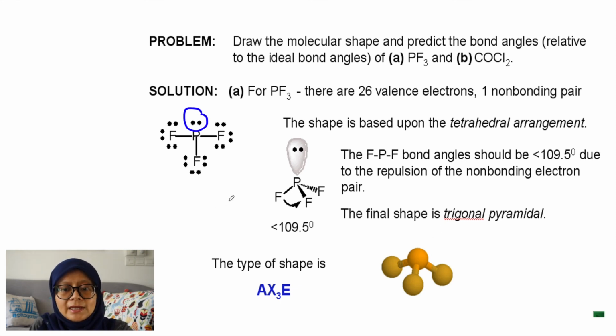It is based upon the tetrahedral arrangement, but with one lone pair. The final shape is trigonal pyramidal, because we have lone pair versus bonding pair repulsion here. The type of shape is AX3E.